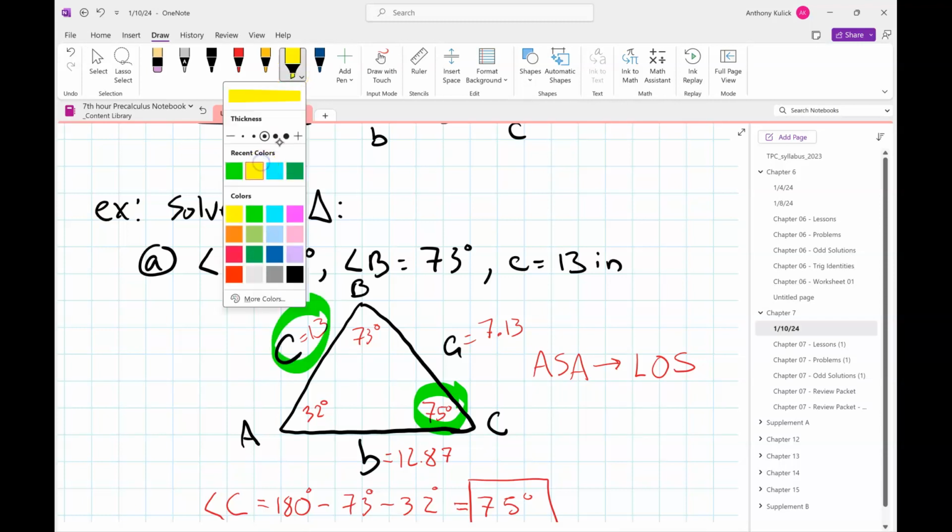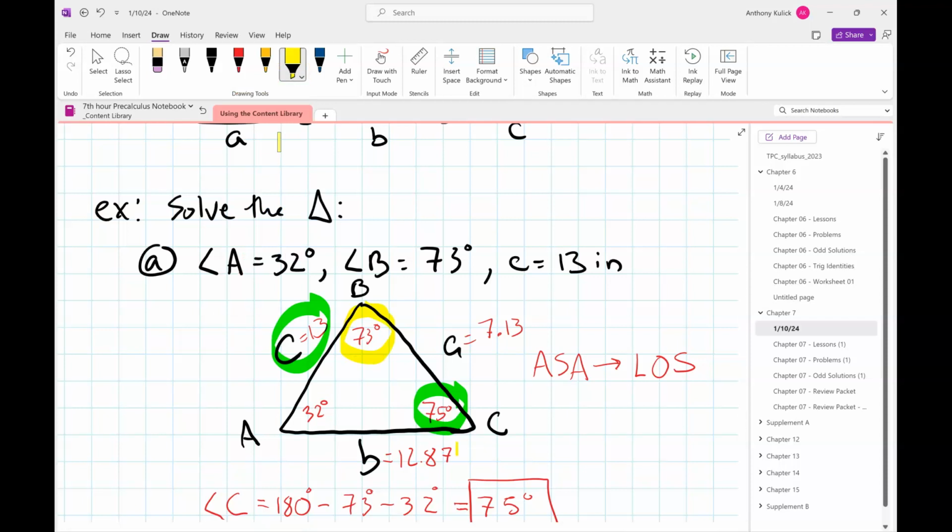That my middle angle is opposite my middle-sized side. And then my smallest angle is opposite my smallest side. That's not a guaranteed check, right? If I had transposed the numbers and written 12.78 instead of 12.87, I'm not going to catch that kind of mistake. But if I mislabeled my picture, oftentimes I will catch that.